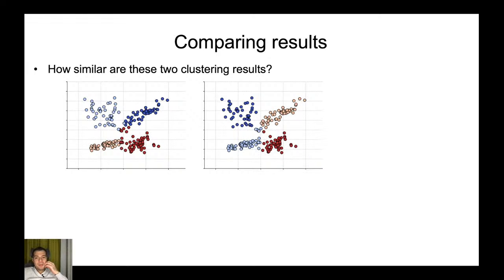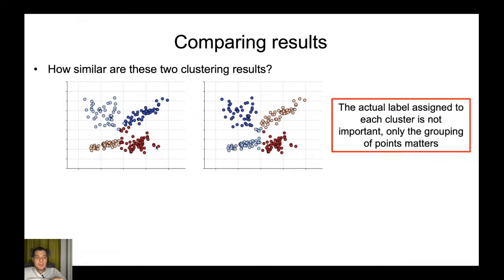But these numbers don't matter with respect to clustering. We just care more about the overlap of the two clusters. But also the clusters are not identical. As you can see, this cluster has fewer data points than this cluster here, and the actual labeling is not important, only the grouping.